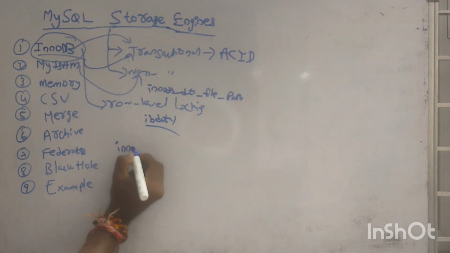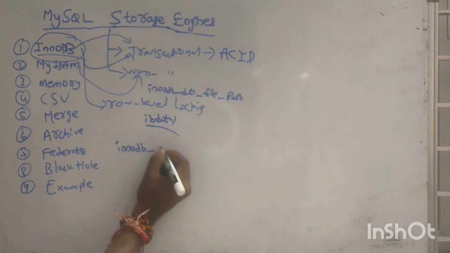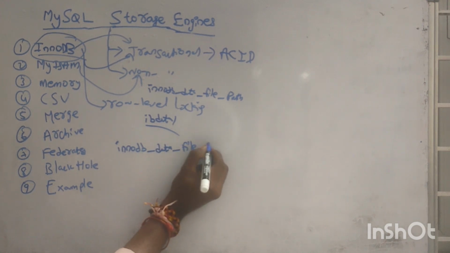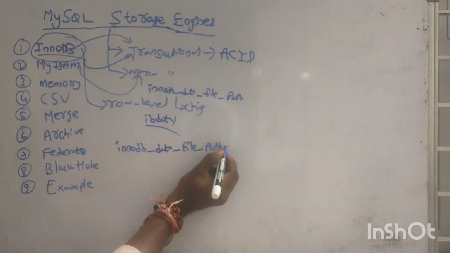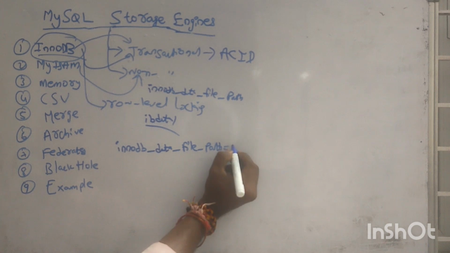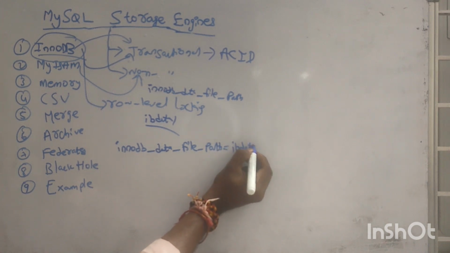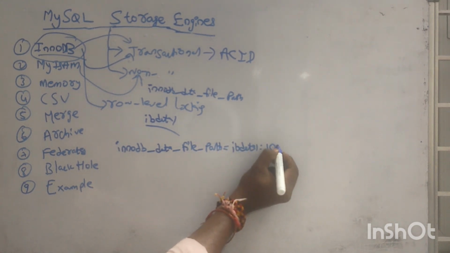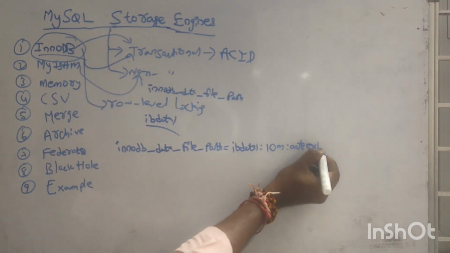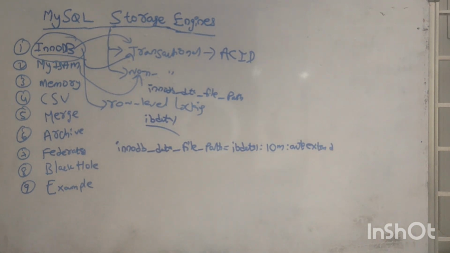How do we define this parameter? For example, innodb_data_file_path = ibdata1:10M:autoextend. This is how you define the autoextend and data file path.